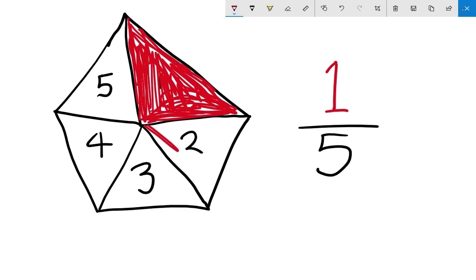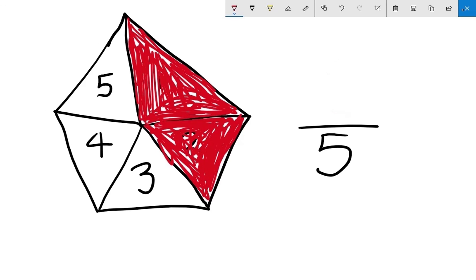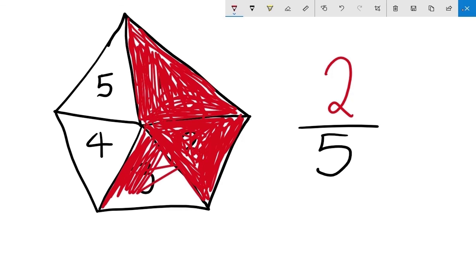And if there are two parts shaded, it becomes 2 over 5, because two parts are shaded. The same goes if there are three parts shaded. Can you guess the fraction here?